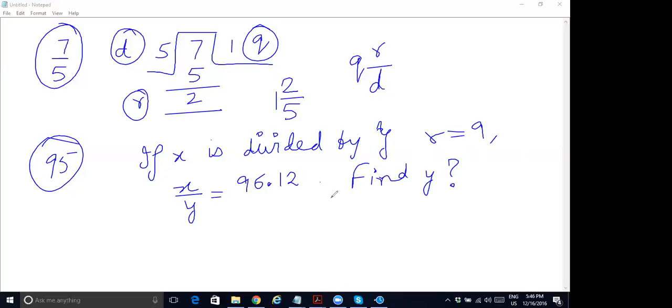How can we do this? The remainder over divisor is 0.12. So 9 over y is equal to 12 by 100.